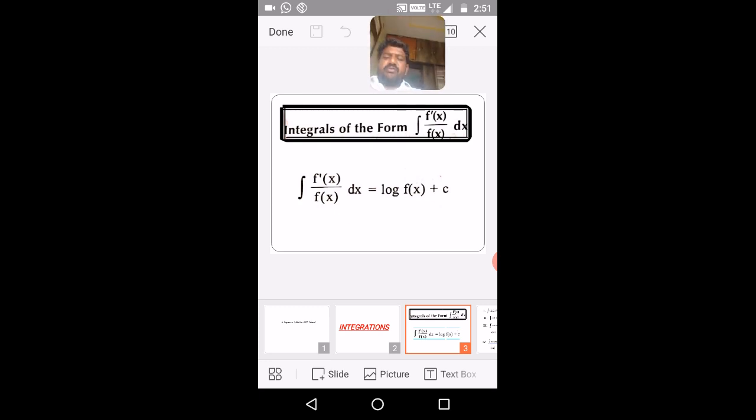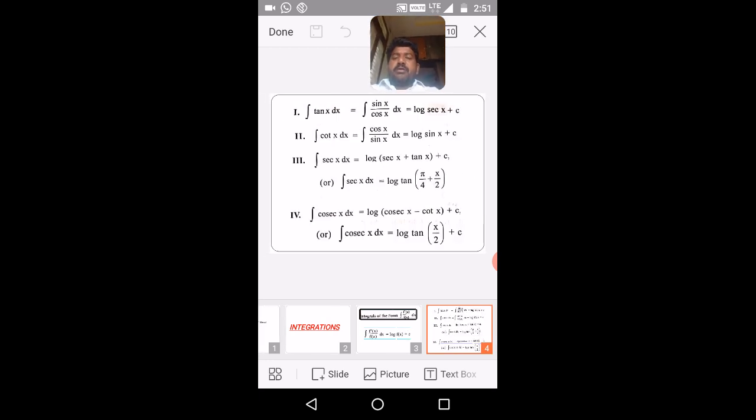Using this formula we may solve some problems directly. This also comes only from the substitution method, but some standard forms you may remember.